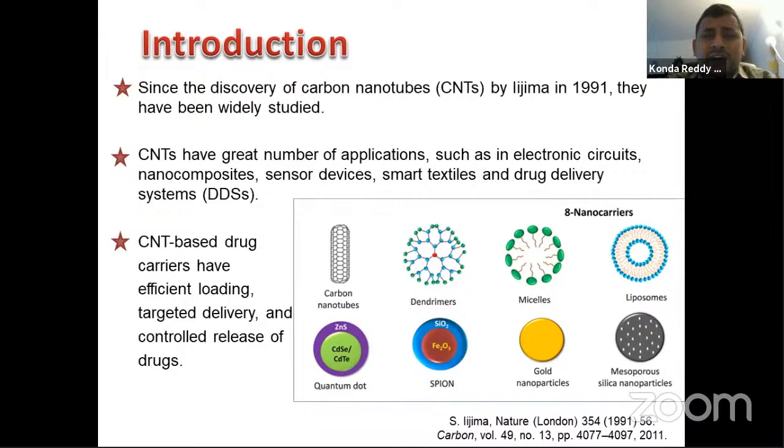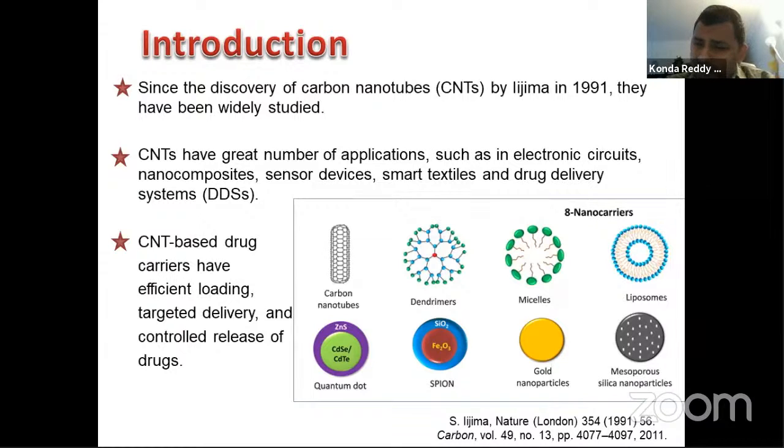Since their discovery in 1991, they have had a great number of applications, including electronic circuits, nanocomposites, sensor devices, smart textiles, and also drug delivery systems.